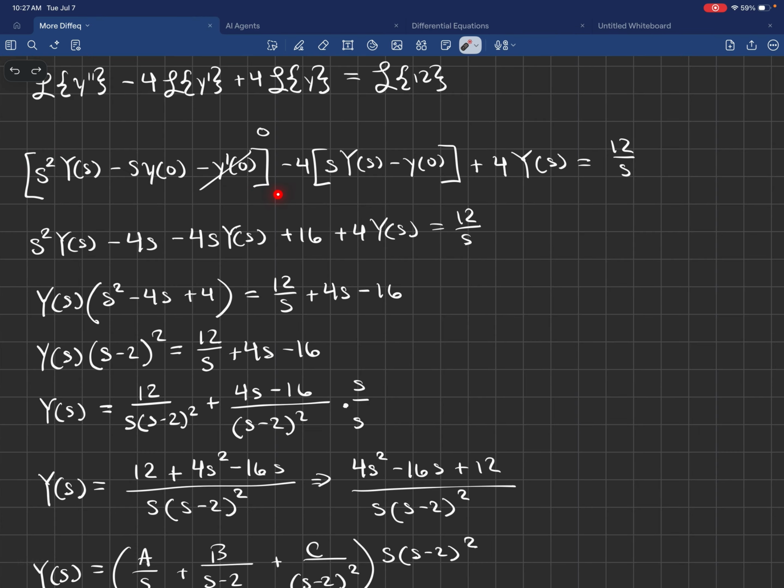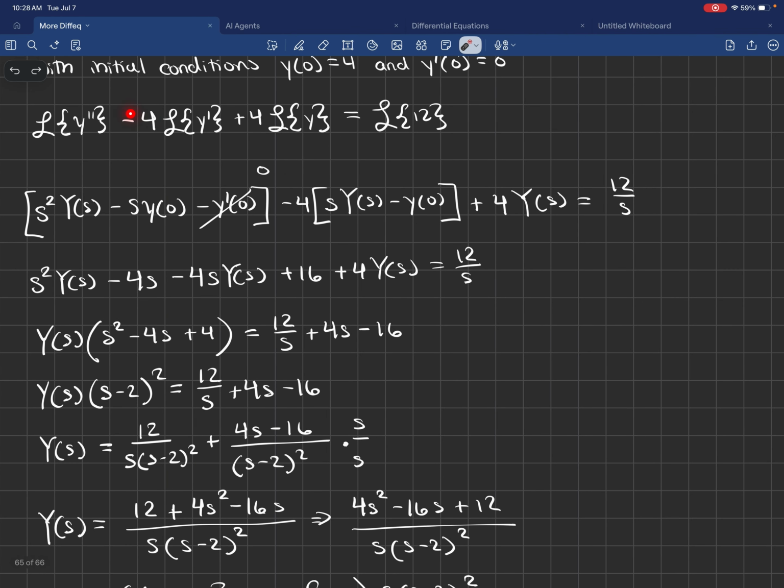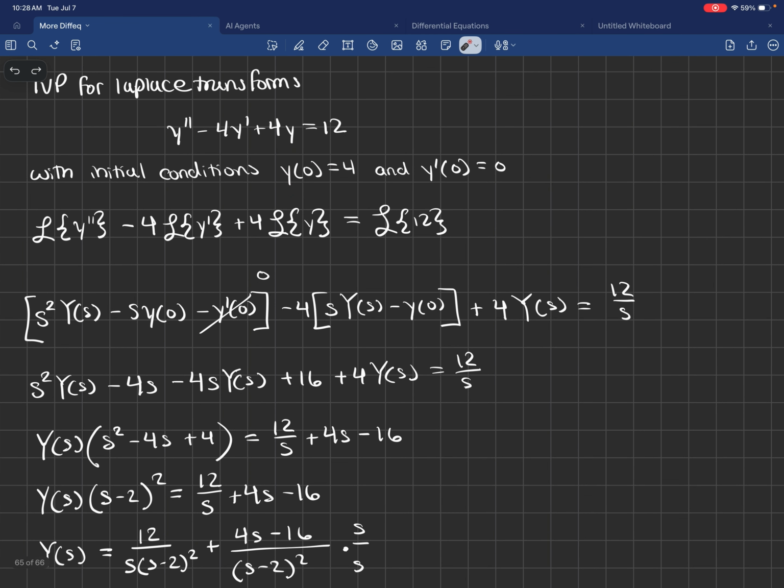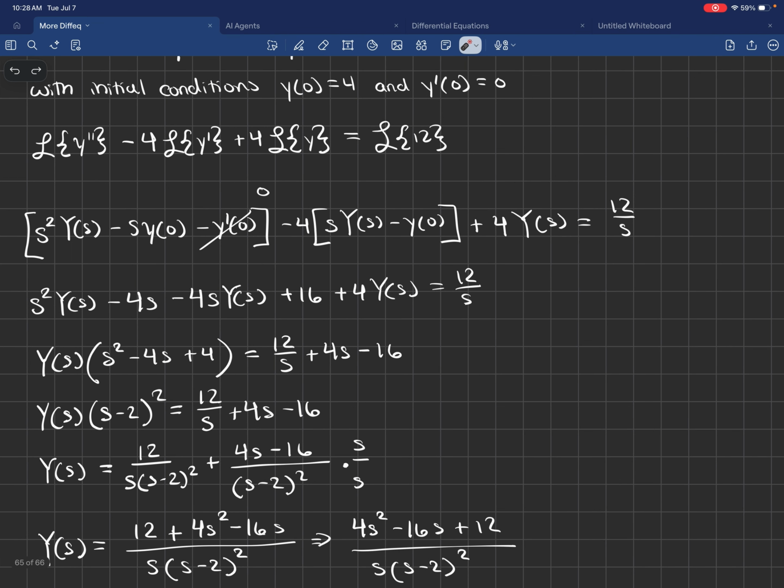Basically, you're plugging in each one, and it's more convenient to take out the constant. After you plug in what the Laplace of all of these are, you plug in your initial conditions, which were y of 0 equals 4 and y prime of 0 equals 0.